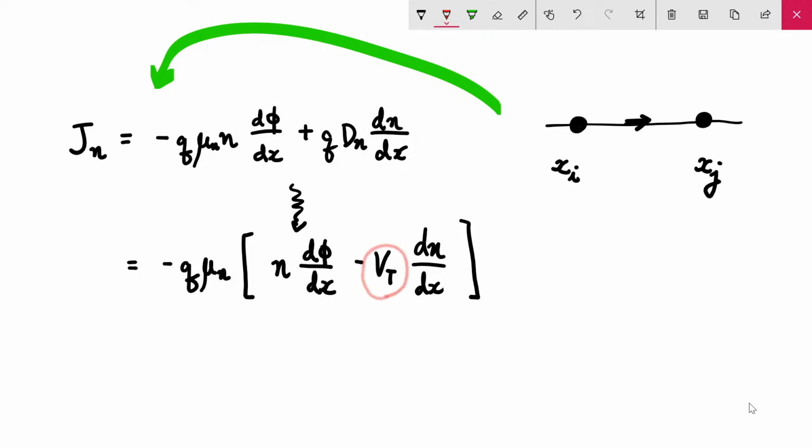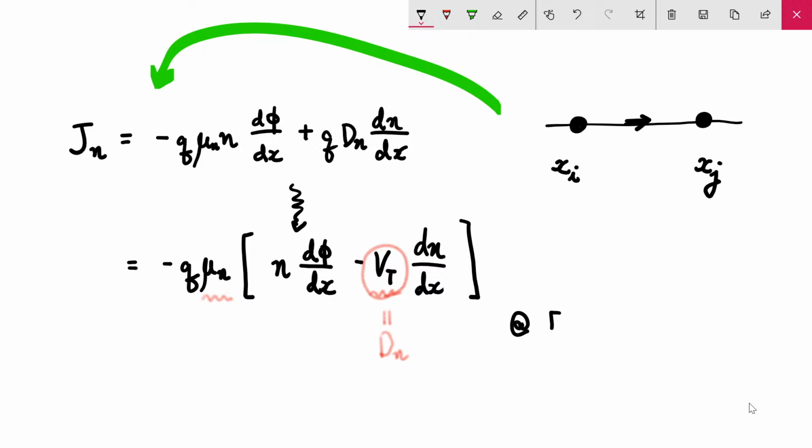Once we have this form, what was the assumption? Here we have introduced vt. The product between this mu n and the thermal voltage will give us the diffusivity dn. As you may know, this is an assumption, and this assumption is exactly valid at equilibrium.